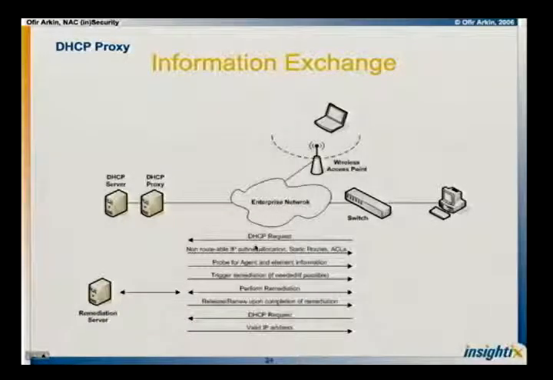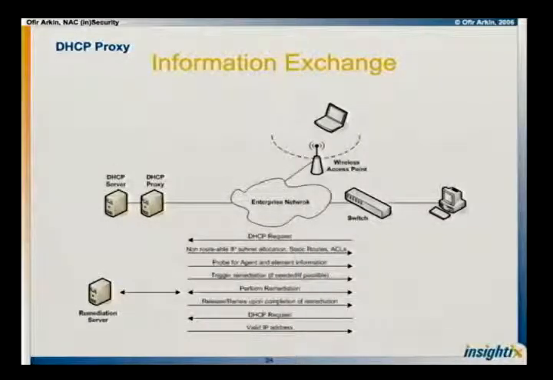Basically, there is a DHCP request intercepted by the DHCP proxy. The DHCP reply has a non-routable IP subnet, and also, in some cases, static routes for the host side that would try to prevent the host from accessing any resources it shouldn't.